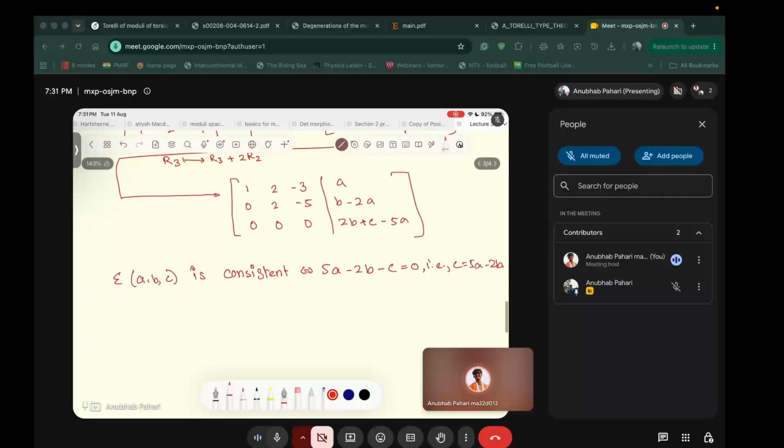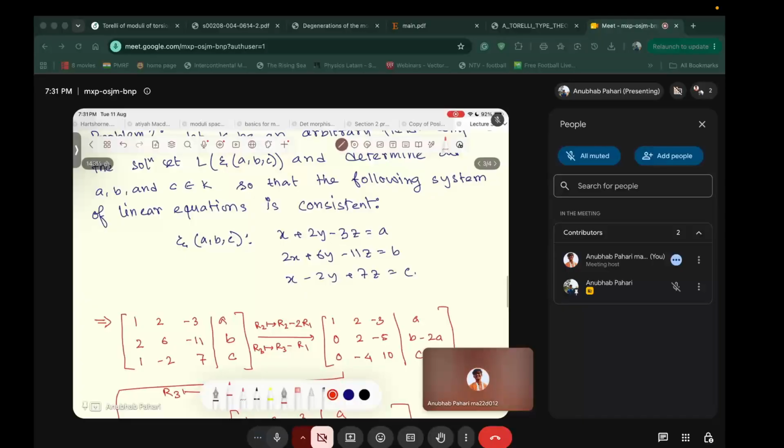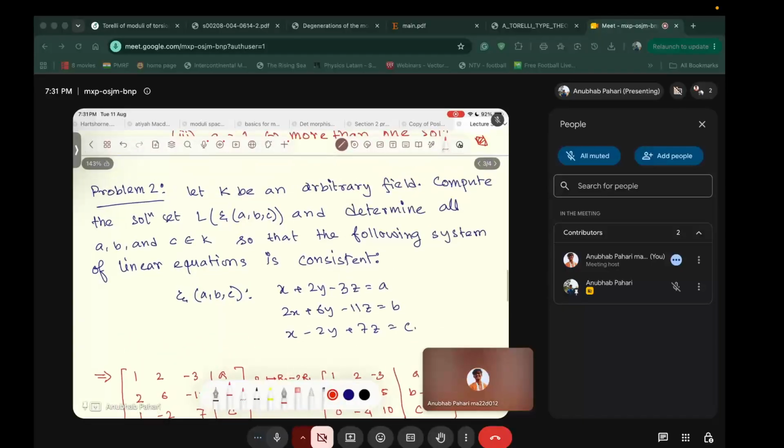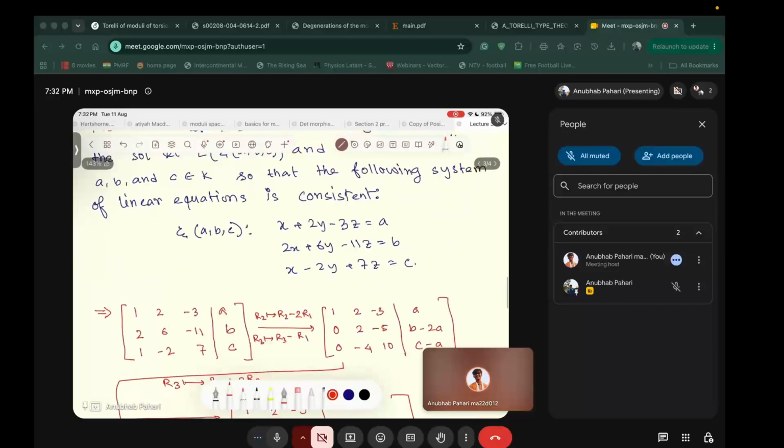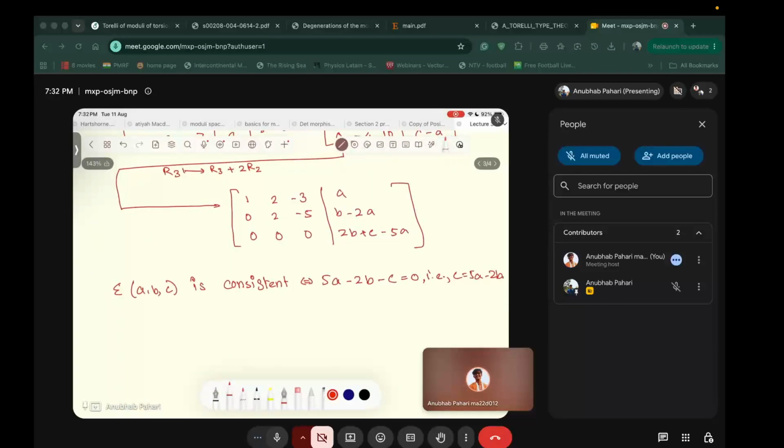So in order to determine all A, B and C, we have to assume that this system is consistent.